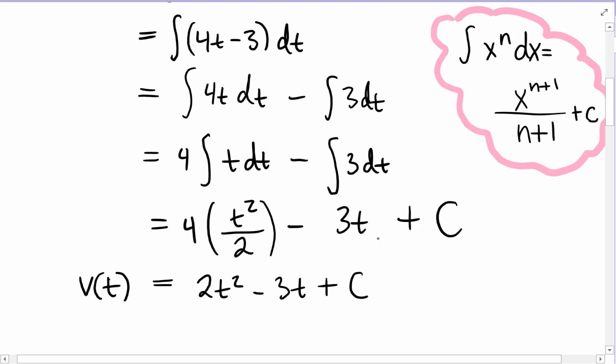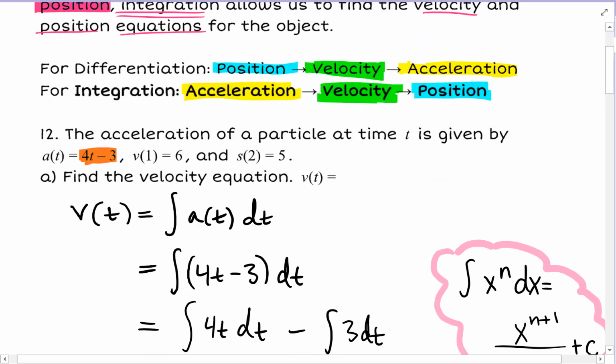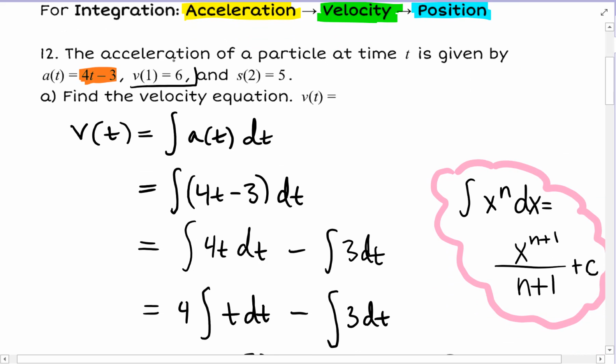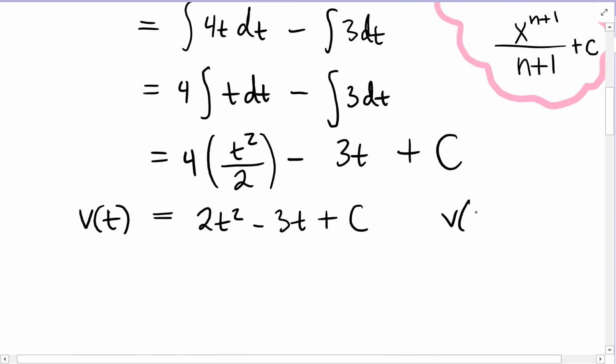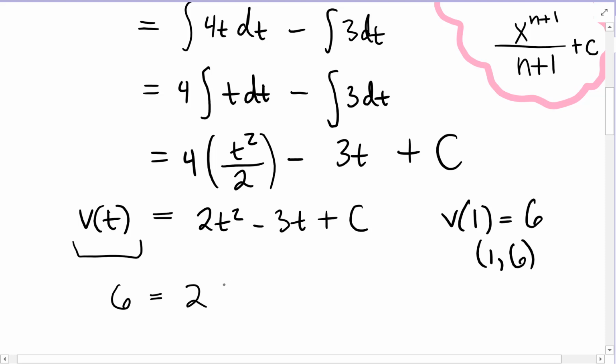I think we were given information earlier that could help us actually find the velocity function. So if v of 1 is 6, that gives me enough information to be able to solve for c. That means that when I plugged in 1 into the velocity function, I should be getting out 6. So the output would be 6 when I plug in 1.